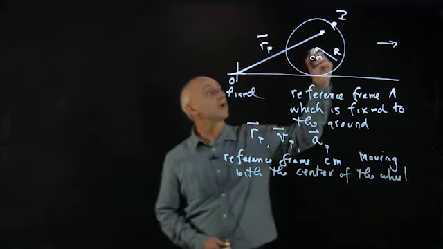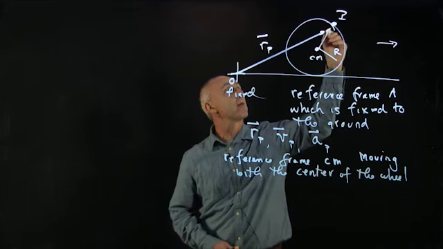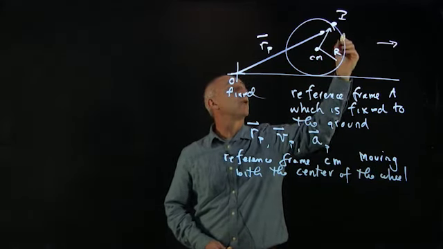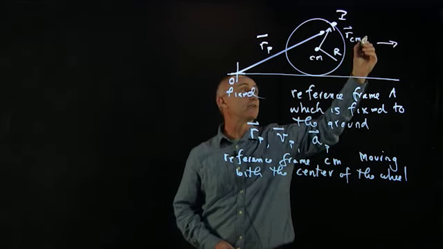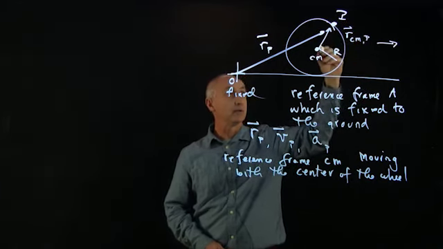So in that reference frame, we'll denote this point by vector r, cm, because we're in the reference frame with respect to the center of mass, and we're talking about the point P.